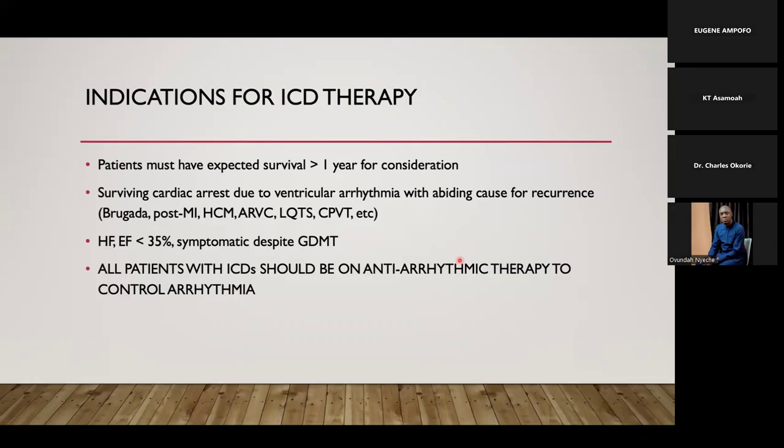Those with heart failure with an EF of less than 35% who are symptomatic despite GDMT, you would also consider putting in an ICD. But it's important to remember that the ICD is not a treatment for arrhythmias. It is to prevent sudden cardiac death from the arrhythmias. So even if a patient is on an ICD, you still need to go ahead and then treat the patient with the appropriate antiarrhythmic therapy. Otherwise, the person will keep getting shocks, which will impact their quality of life.